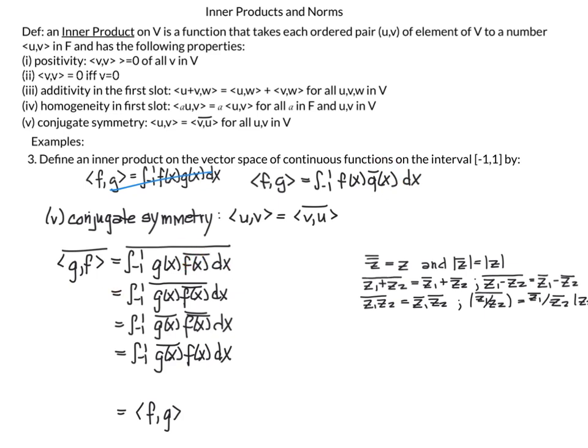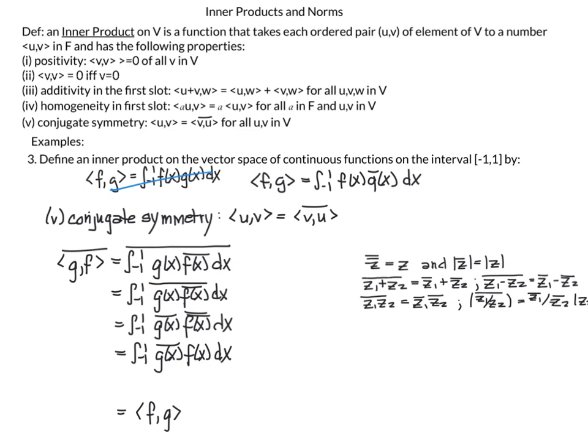That's equal to, now we can move this complex conjugate from the entire integral into the function. So we have the integral from -1 to 1 of the complex conjugate of g of x times the complex conjugate of f of x. Now again, using our property of complex numbers, the complex conjugate of z1 times z2 is equal to the complex conjugate of z1 times the complex conjugate of z2.